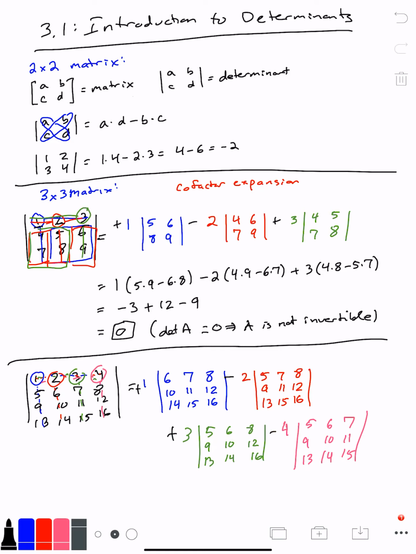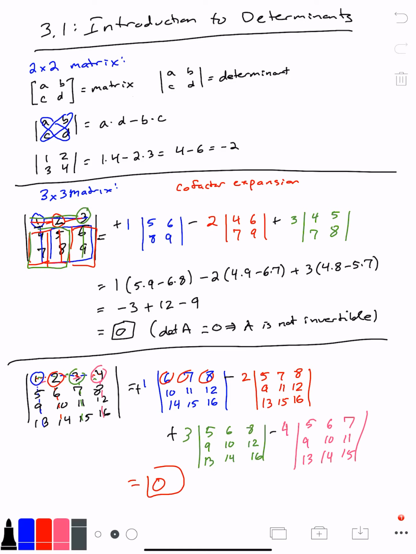And then here's the great part: you get to take each one of these 3x3s and break them up into 3 more 2x2s like in the previous one, and you have to do all of that awful work. Or you type it in your calculator and you get the answer 0.